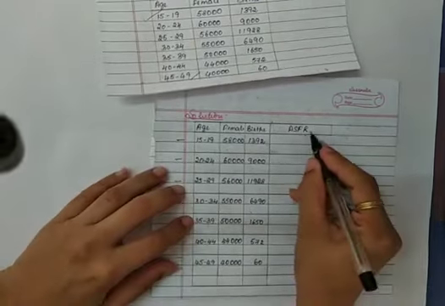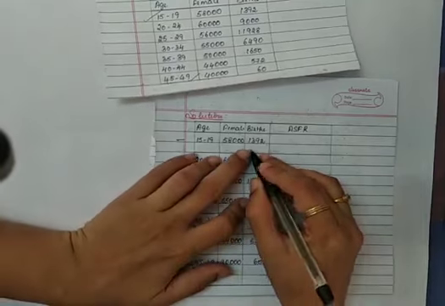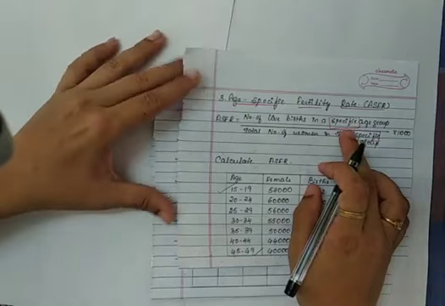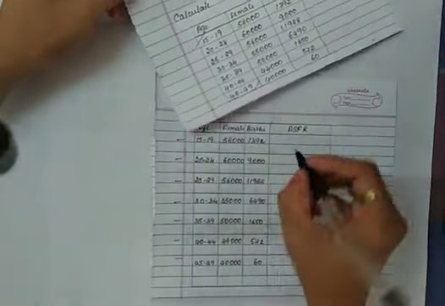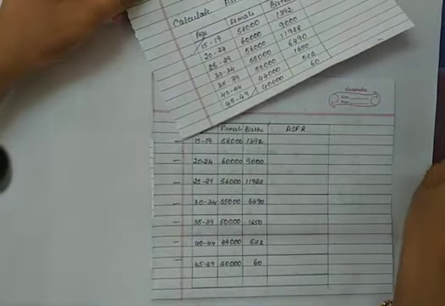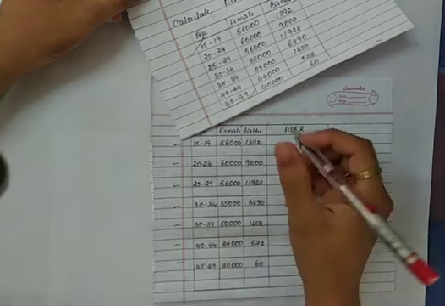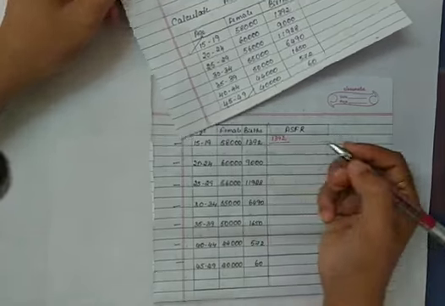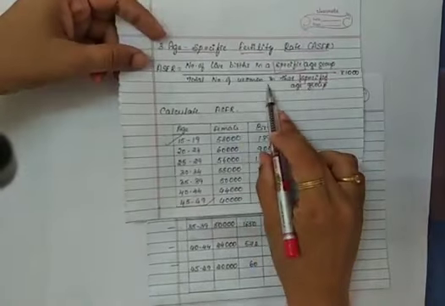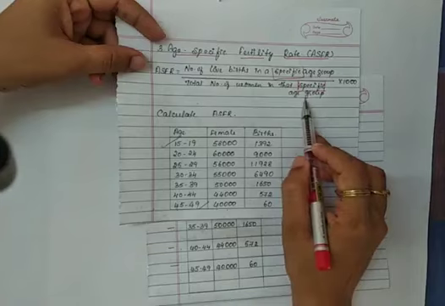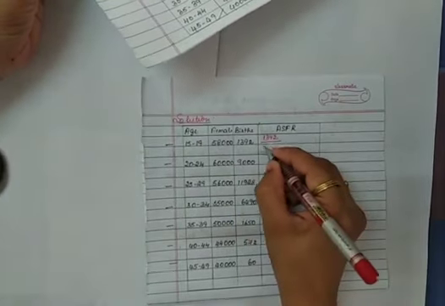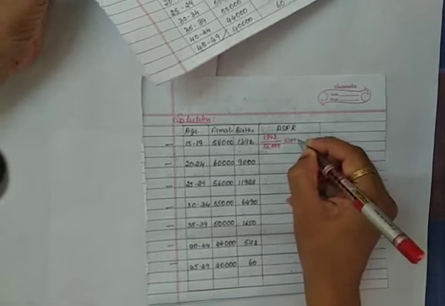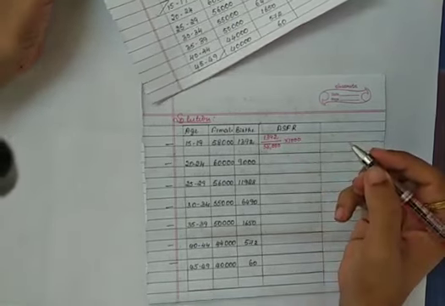So in the first case, ASFR is equal to number of live births in a specific age group, that is in the first one, 1392 divided by total number of women in that specific age group, that is 58,000 into 1,000. Got it?